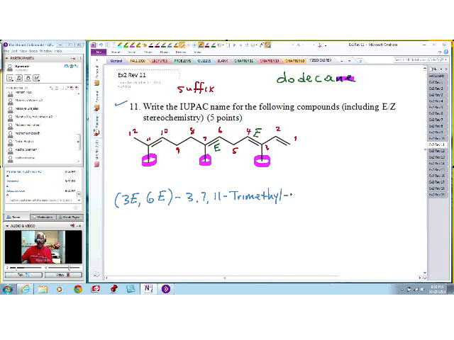Now we give the position of the double bonds: 1, 3, 6, and 10. Then we now have dodeca. We remove the ne and we replace with tetra. Okay, and that is the name for that molecule.